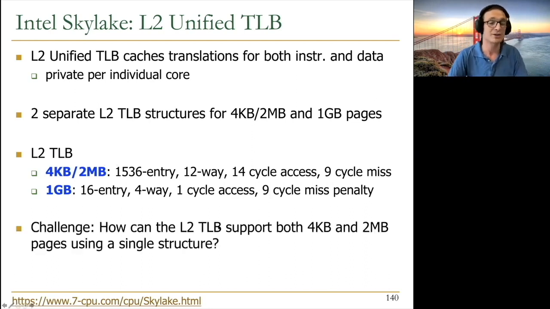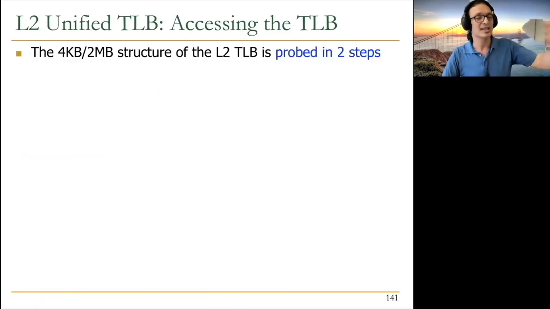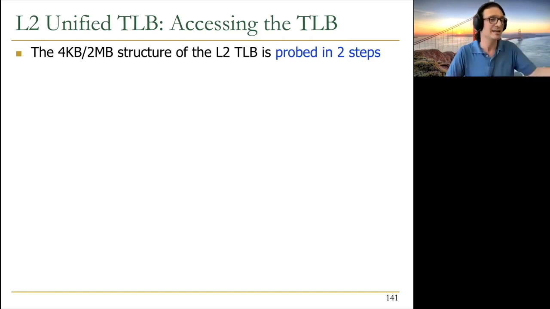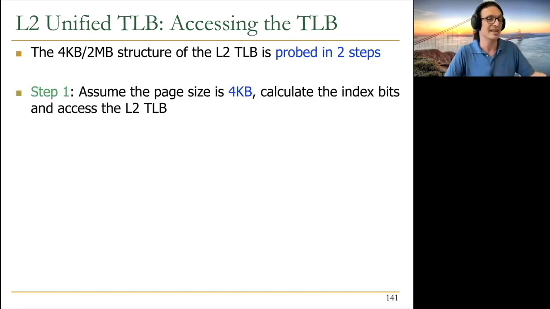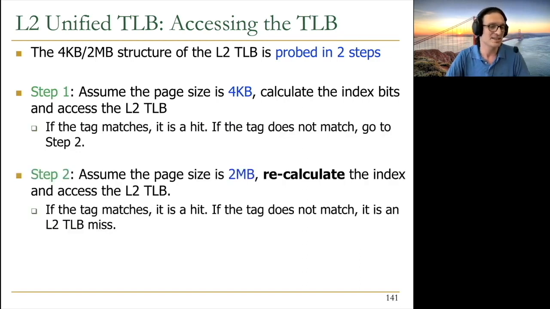Of course, the question is, how can you support both 4 kilobyte and 2 megabyte pages using a single structure? There's not enough detail on this, but you can imagine, we discussed this actually when we talked about associativity in time. You basically index the TLB once using a 4 kilobyte index. And then if you miss, you index the TLB again. Okay, that's the idea basically. There are 2 steps basically.